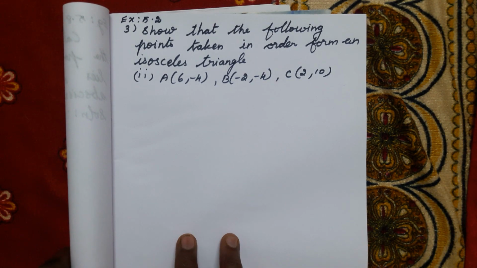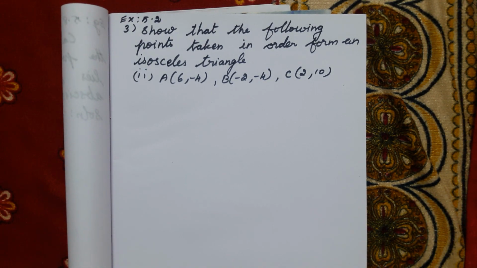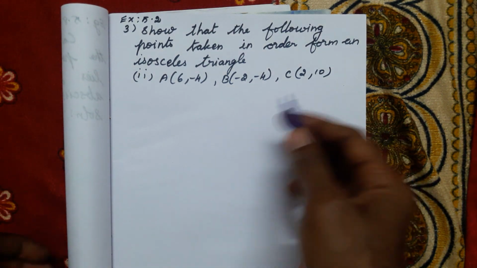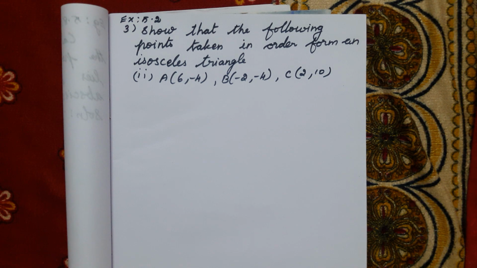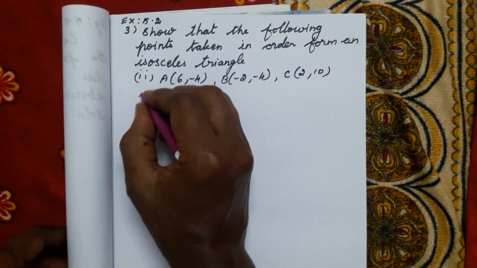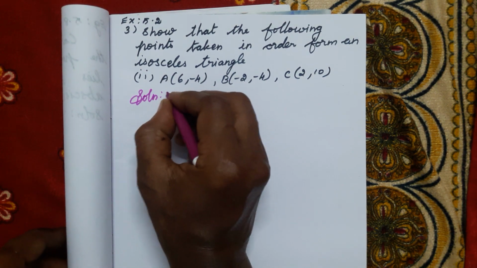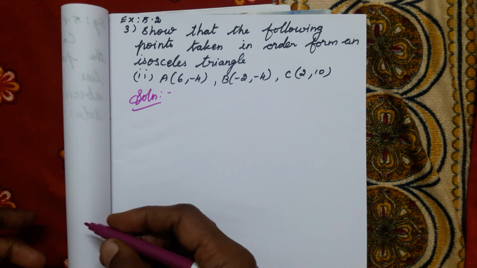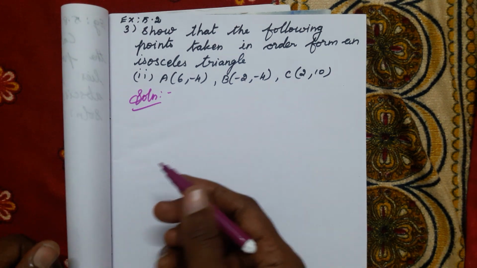Now I am going to explain exercise 5.2, third problem. Show that the following points taken in order form an isosceles triangle. We have to prove that the given points taken in order form an isosceles triangle.